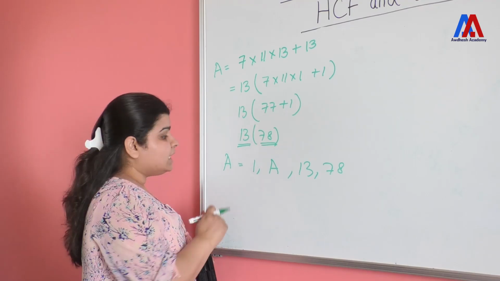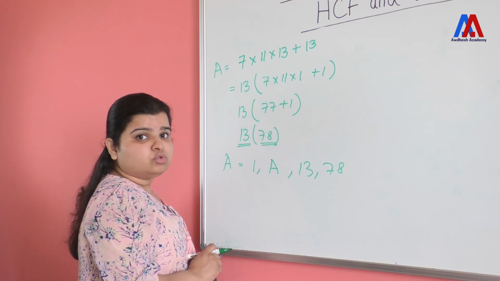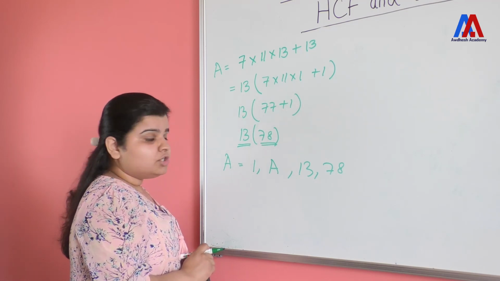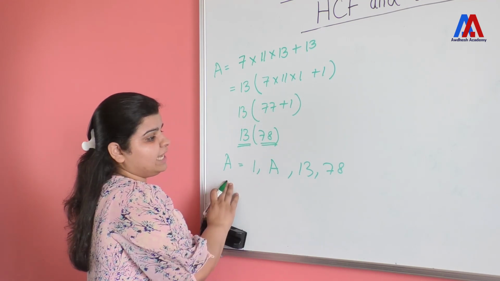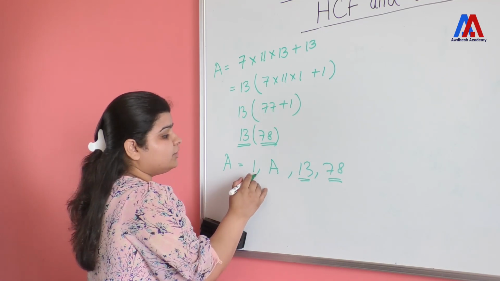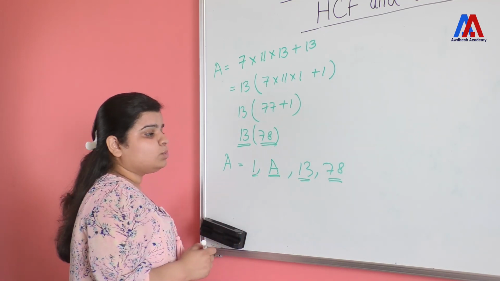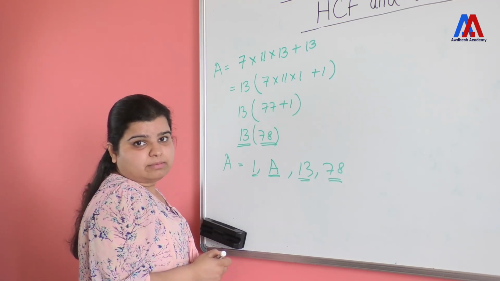We know that for a number to be prime, it should have not more than 2 factors, and the 2 factors should be 1 and itself. Now a already has 13 and 78 apart from the 2 factors, that is 1 and a. So a has to be a composite number.